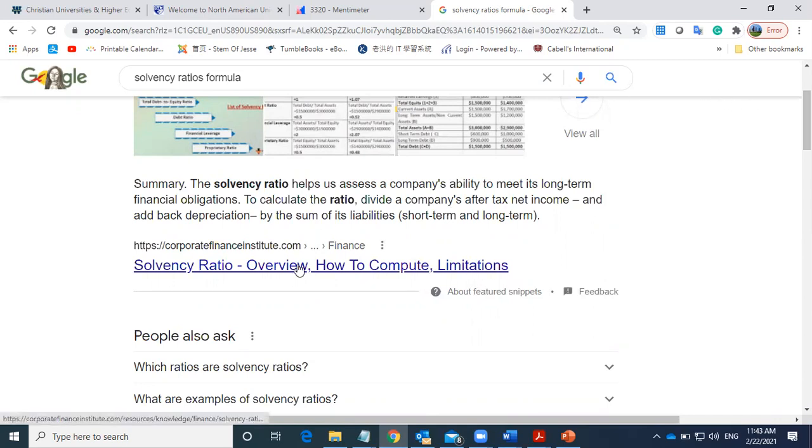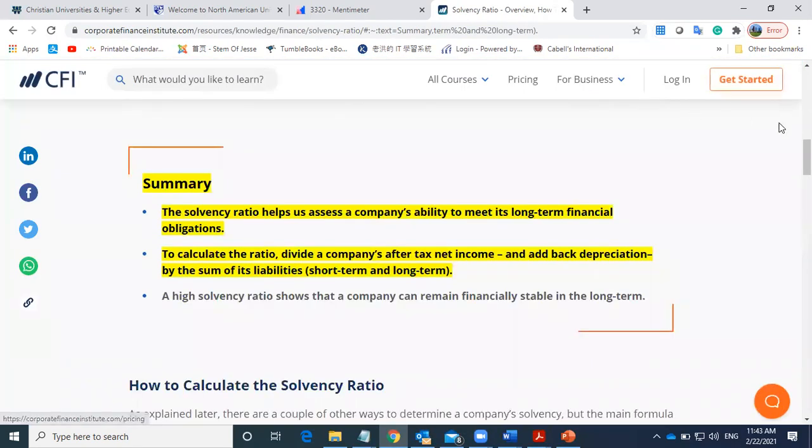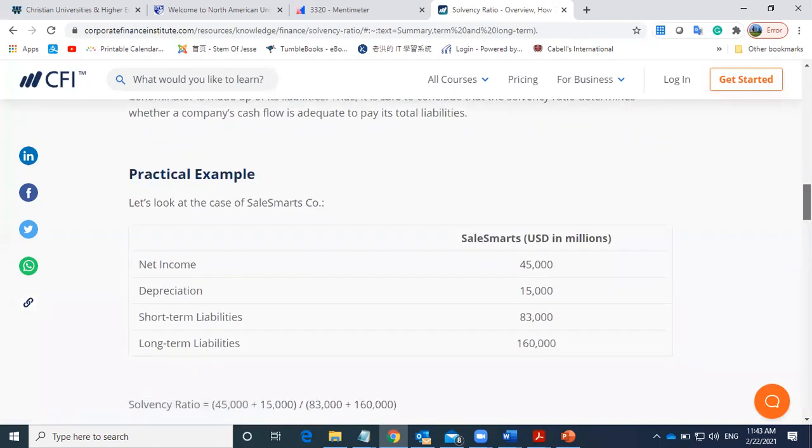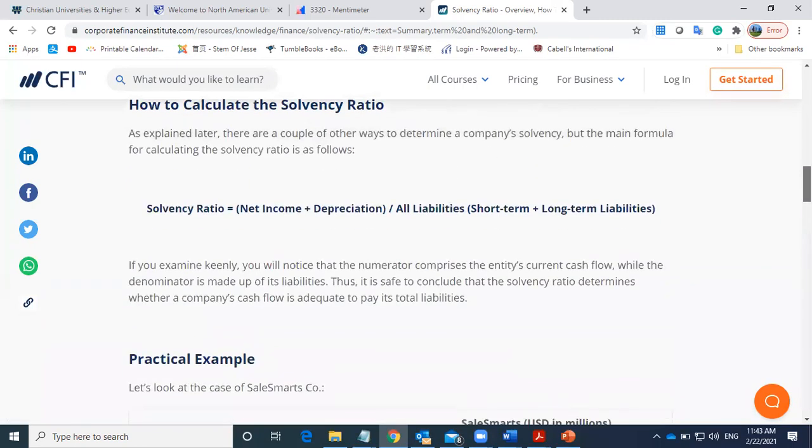The solvency ratio is for long-term obligations, and the liquidity ratio is for short-term. We're going to talk about the solvency ratios.